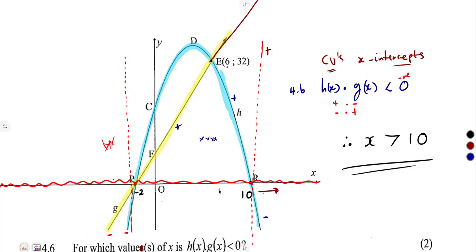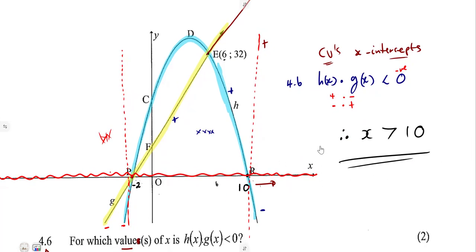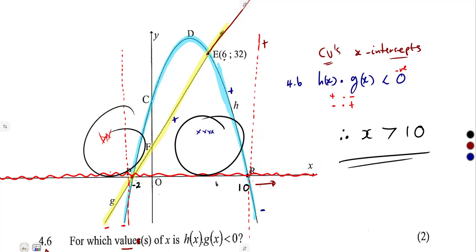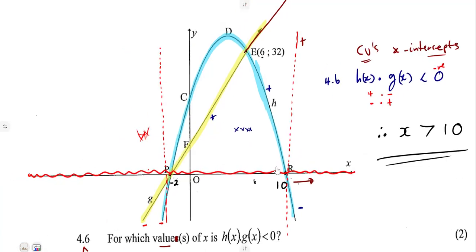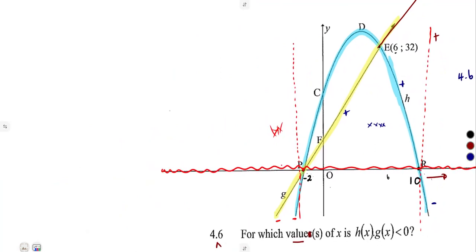But remember what I said, guys. Here we are answering a specific question. But whatever fails here satisfies another condition. What is it? The regions that failed here satisfy the condition where the product of hx by gx is greater than 0, where we are going to get positive values.